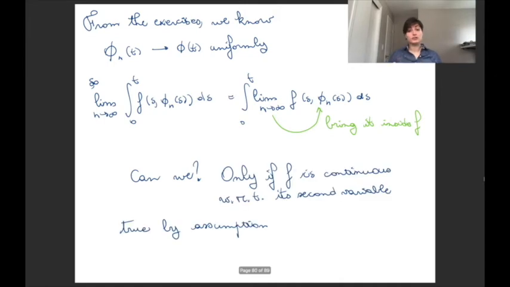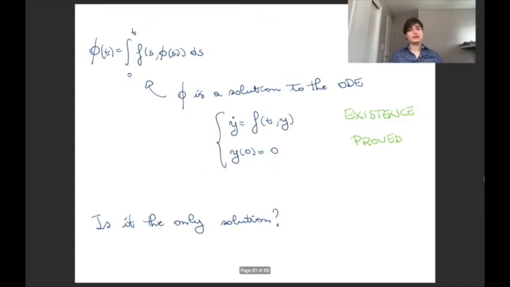This happens only if we know that f is continuous with respect to the second variable. And this is true by assumption. We have required f to be continuous in the whole rectangle, and phi n is within the rectangle, so we're good.